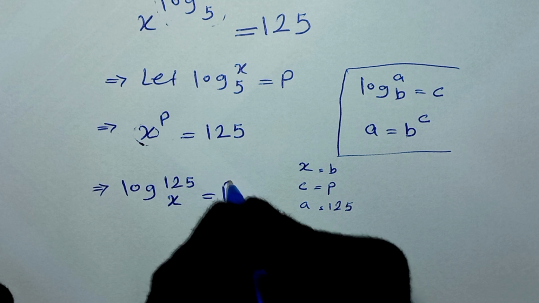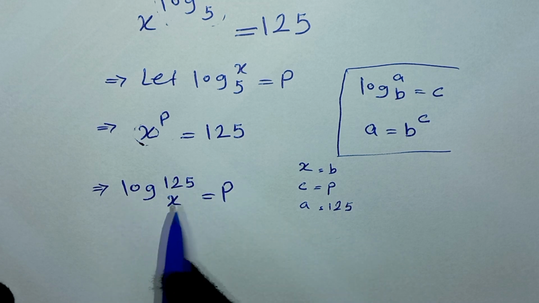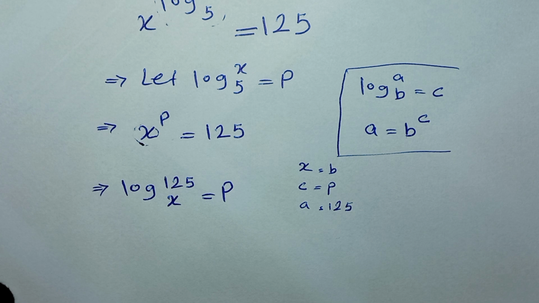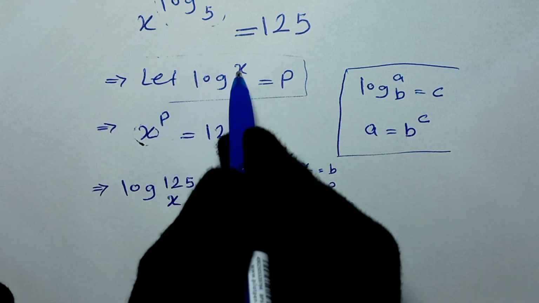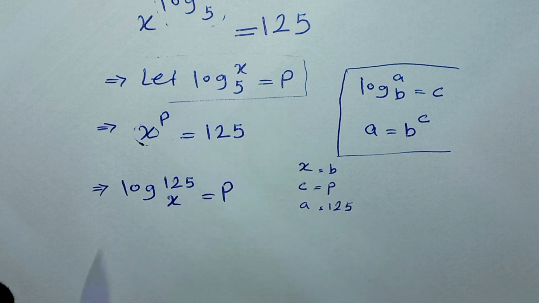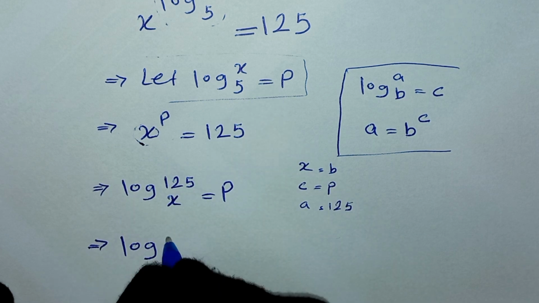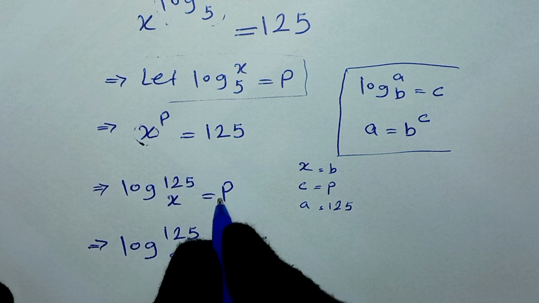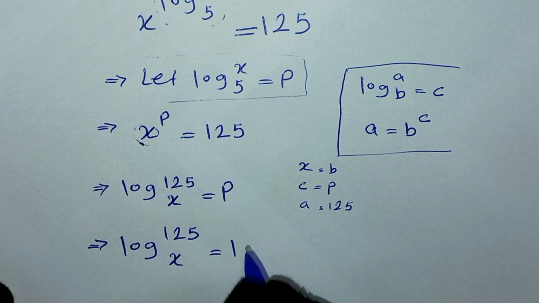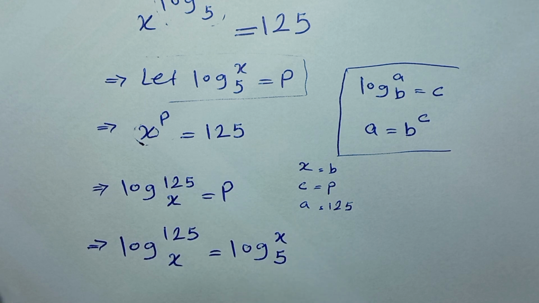So log of 125 to base x is equal to p. And recall this log of x to base 5 is equal to p. So we write log of 125 to base x is equal to p, and p is log of x to base 5.